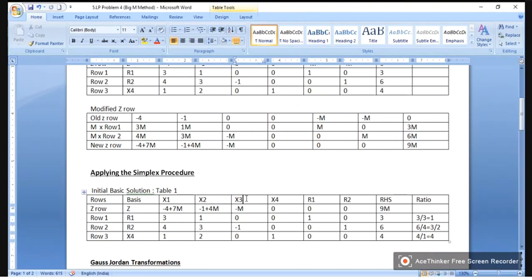So one of them can enter the basis and one of the variables in the basis can come out of the basis. Which one of x1, x2 and x3 can enter the basis? x1. Why?